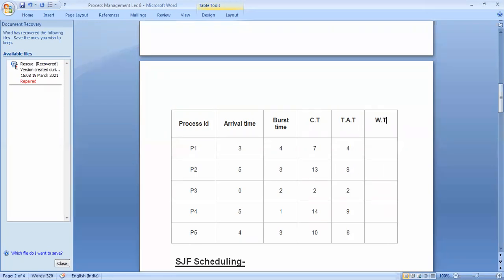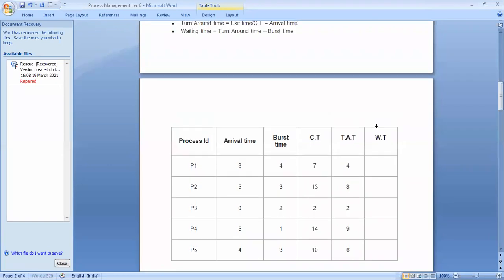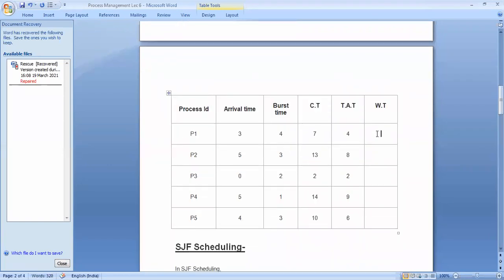So what is the formula of waiting time? Turnaround time minus burst time. So for the P1 process, turnaround time 4 minus burst time 4, that means 0.